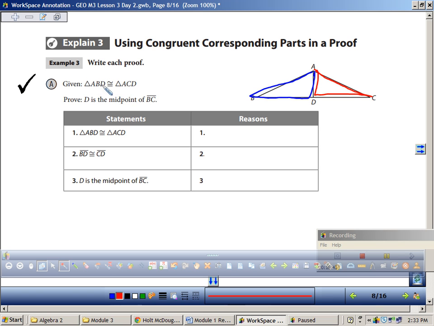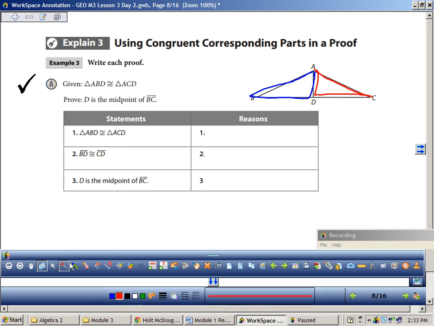We learned that if ABD is congruent with ACD, I've got 6 congruency statements I could say from that, right? Alex? Yeah, just let me go with this. So I've got 6 congruency statements I could say. Whenever they give me something, it's a clue for what's coming next.